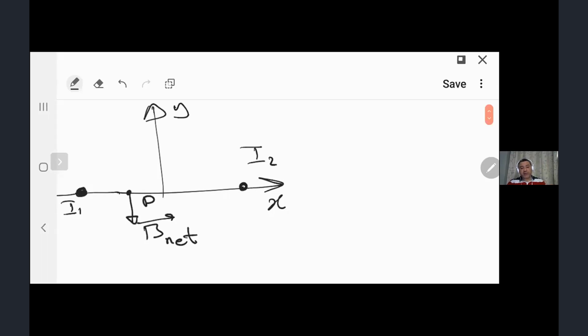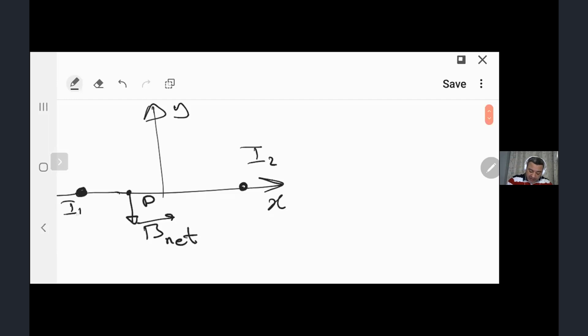Since it's pointing downward, and since they are opposite in the direction, this means they are constructive. This means they're being added. They add and they are constructive. This means both of them are pointing downward, which means the B1 coming from I1 is pointing downward, and the B2 coming from I2 is also pointing downward.